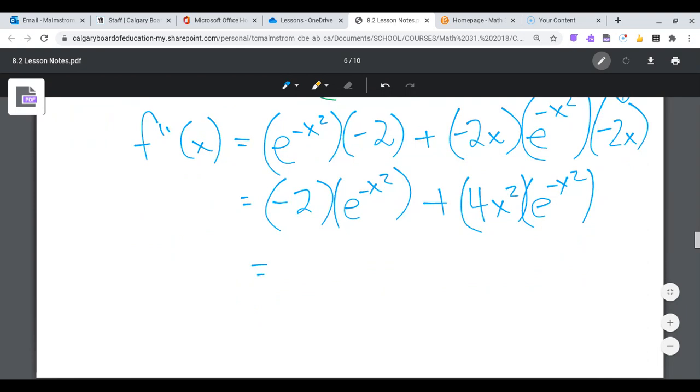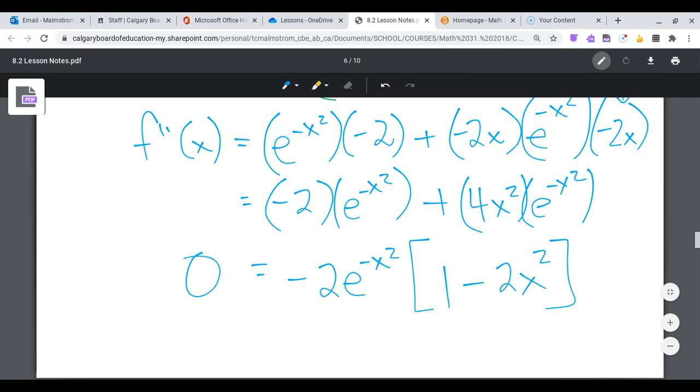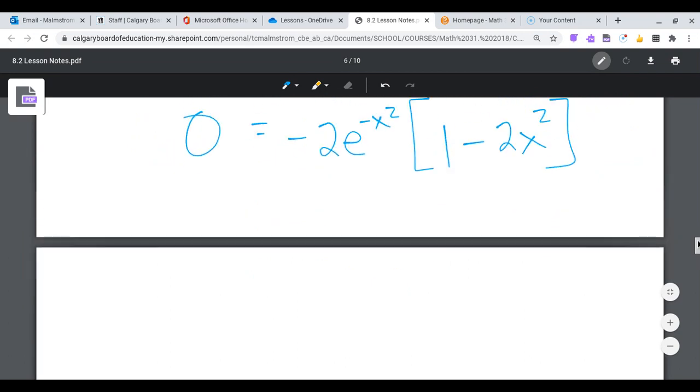We're in the second derivative here. So what do we have as a common factor? I see a -2 e to the power of -x². What would I be left with? That would be 1 minus 2x².